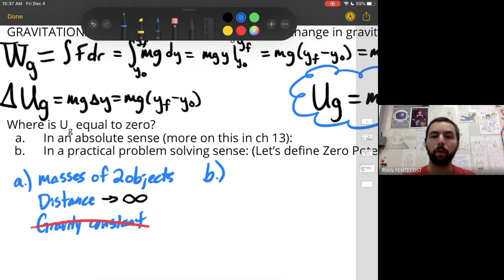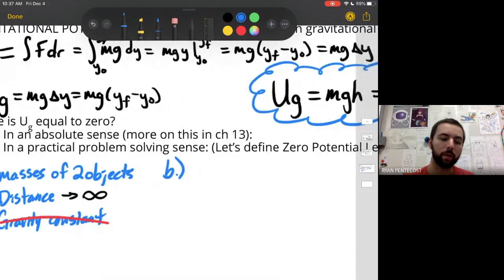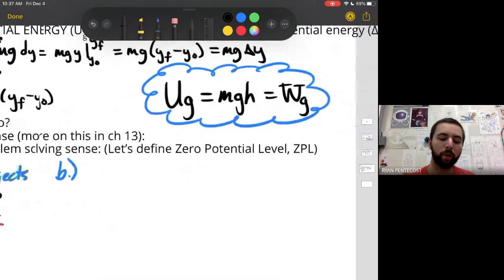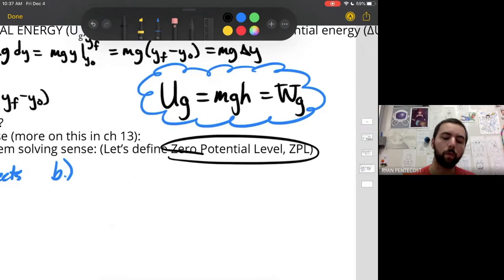Now, in a practical problem-solving sense, when we're actually trying to solve a physics problem, when is the potential of gravity going to actually equal zero? We actually get to define in our problem where that's going to be. This is called the ZPL, or the zero potential level.